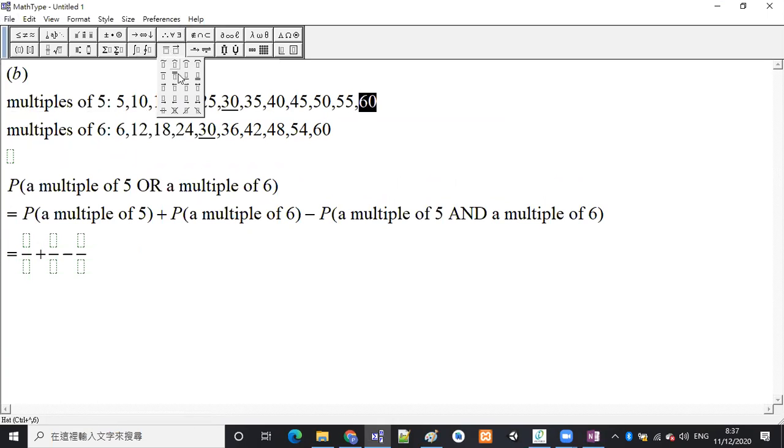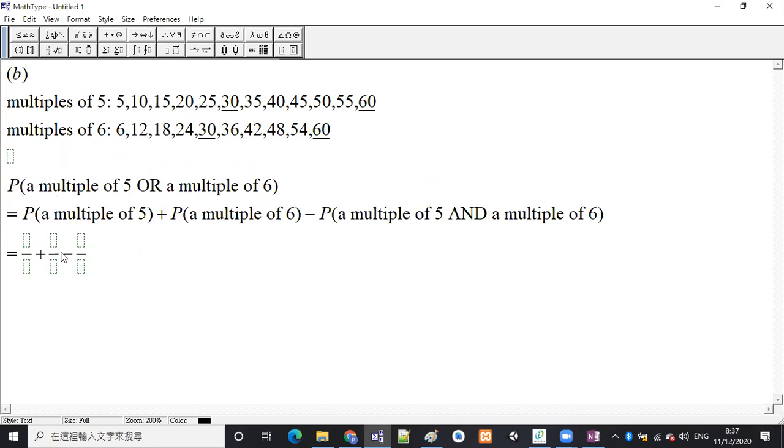Can you see this? So the underlined 2 numbers are at the same time a multiple of 5 and a multiple of 6.